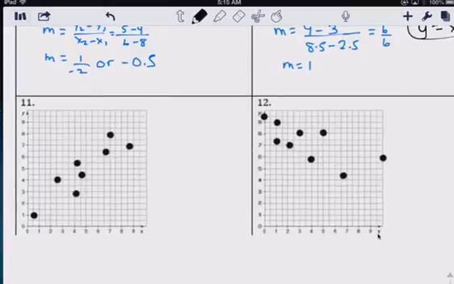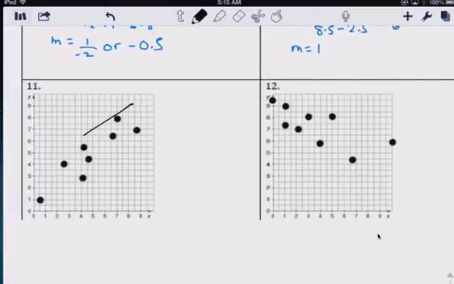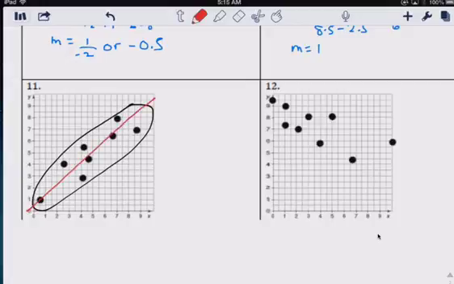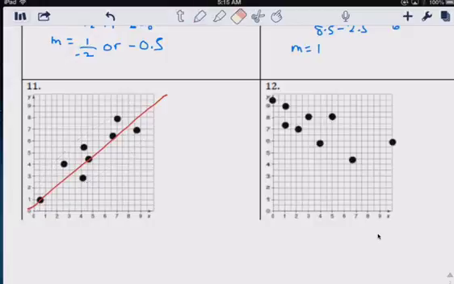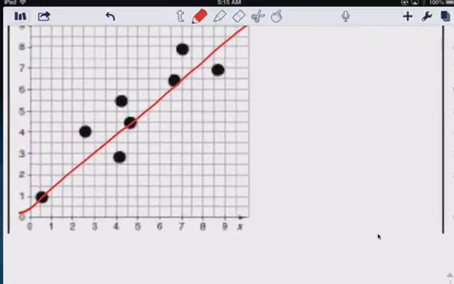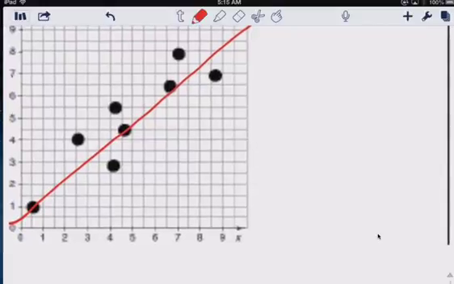Again, this one here. Like that. That's my line of best fit. Alrighty, let's choose. These are not good lines again. Oh, 3, 3.